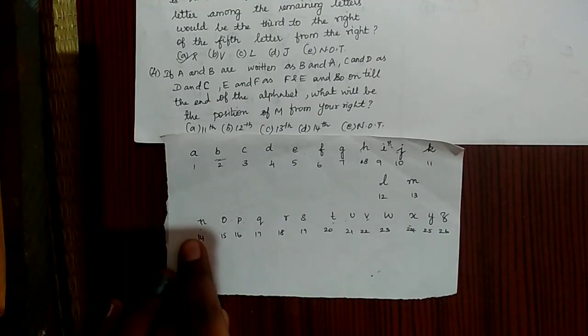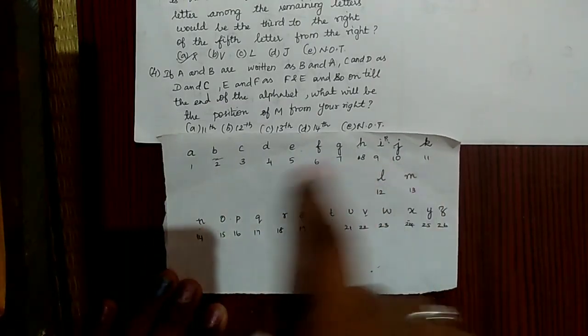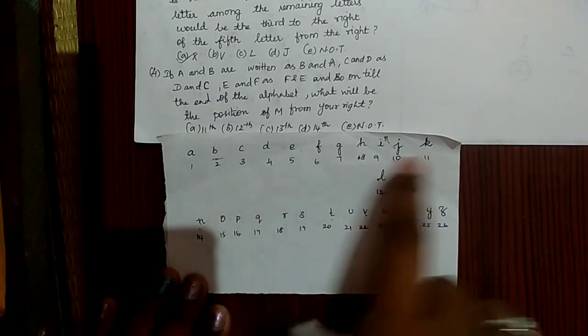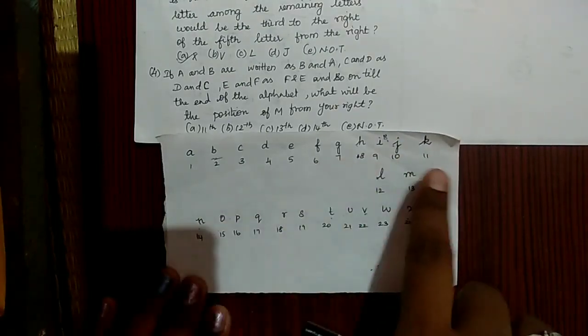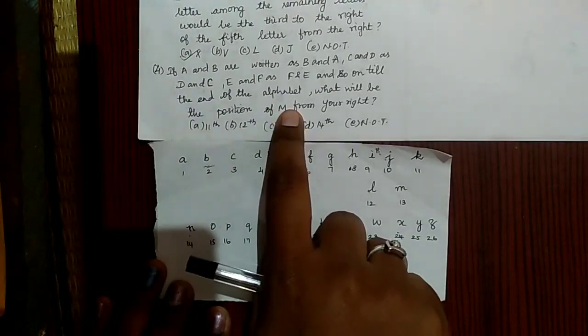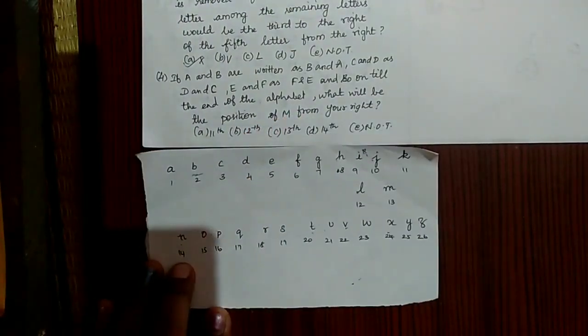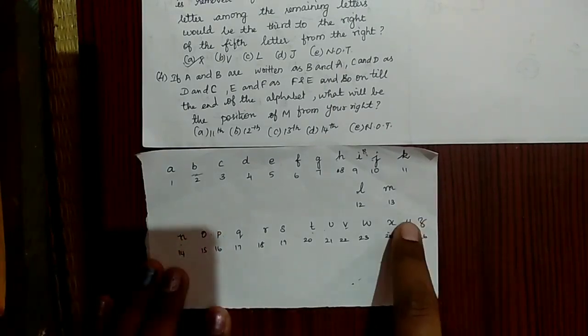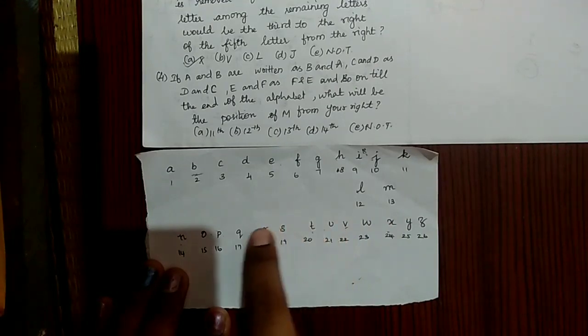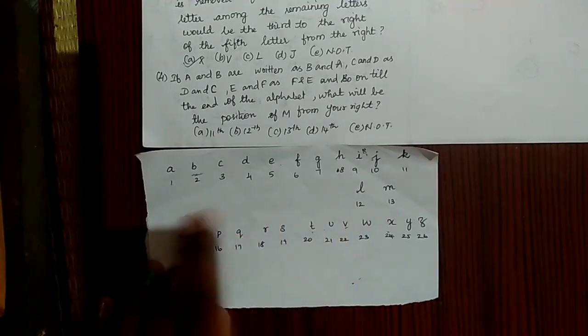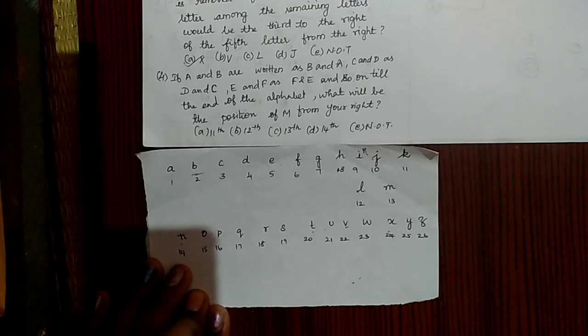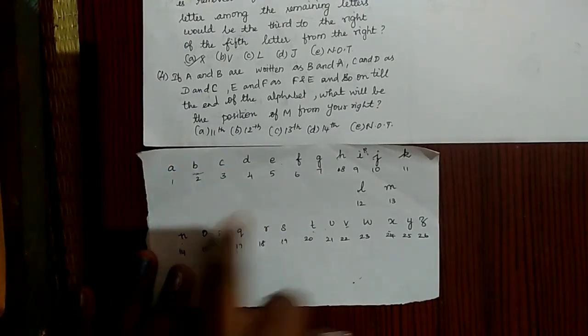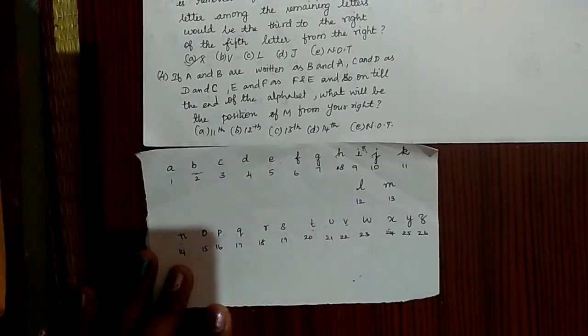The M and N, while interchanging, M will be in the 14th position and N will be in the 13th position. So the position they are asking from our right is 1, 2, 3, 4, 5, 6, 7, 8, 9, 10, 11, 12, 13. So from our right it will be the 13th position. From our left the M will be in the 14th position.